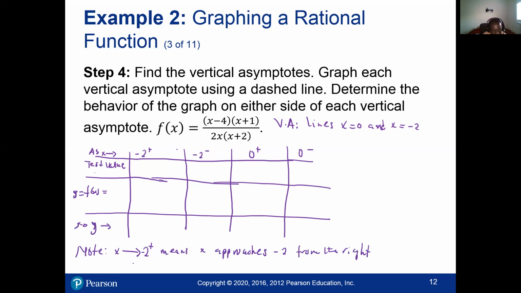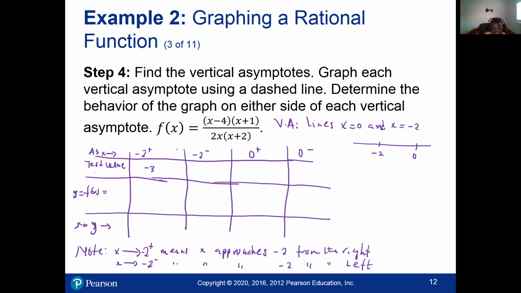And if you write x -2 left, it means x approaches -2 from the left. Okay, so let's pick a test value. If you have this line, you have -2 and you have 0. Any value to the left of this but very close to it, you can pick something very close like -2.1, or I can use even -3, for example.